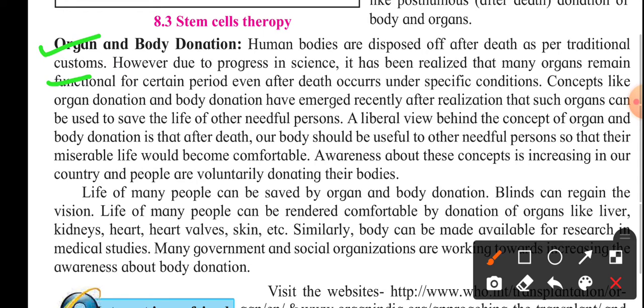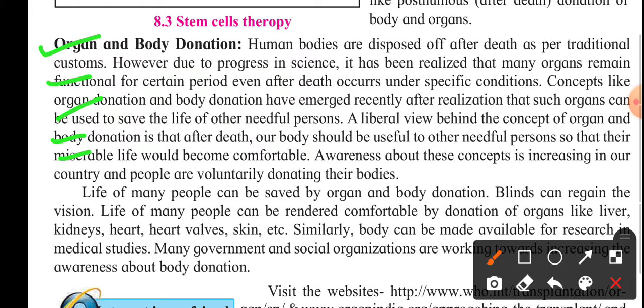Concepts like organ donation and body donation have emerged recently after the realization that such organs can be used to save the life of other needful persons. A liberal view behind the concept of organ and body donation is that after death, our body should be useful to other needful persons so that their miserable life would become comfortable.